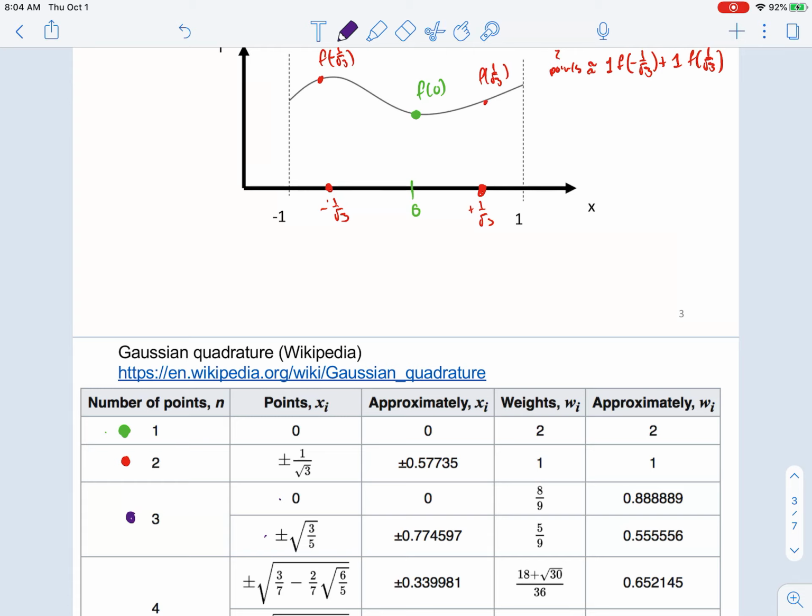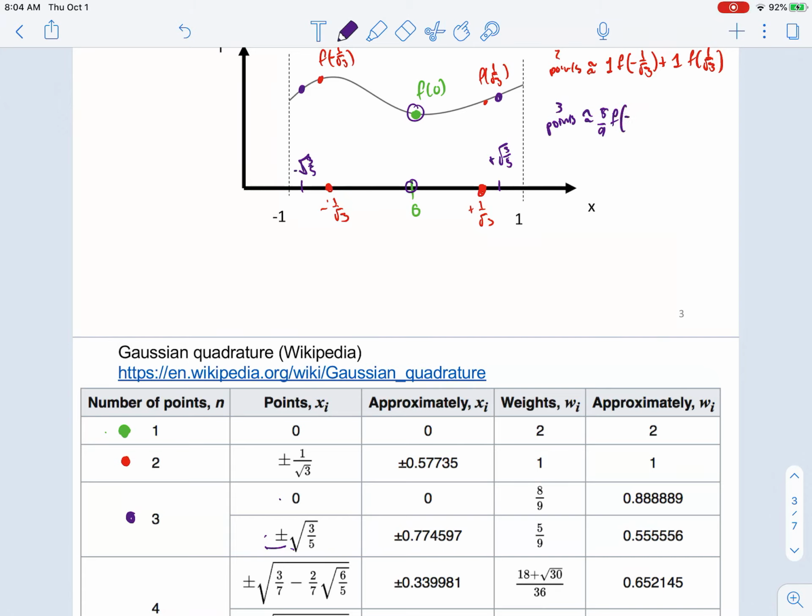And let's just do one more. So what if we have 3 points to evaluate? Then your best points are 0 and plus minus square root of 3 over 5. So 0, which we already had, and minus square root of 3 over 5 and plus square root of 3 over 5.